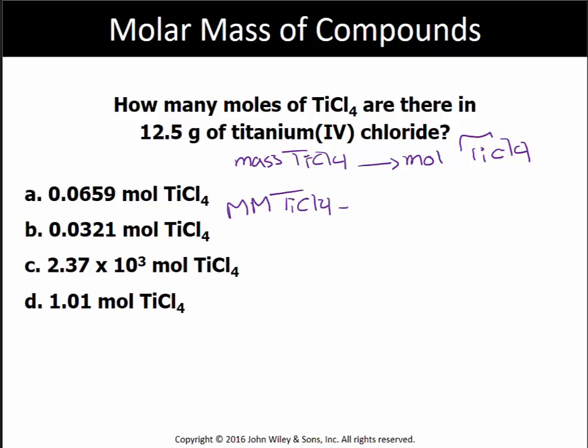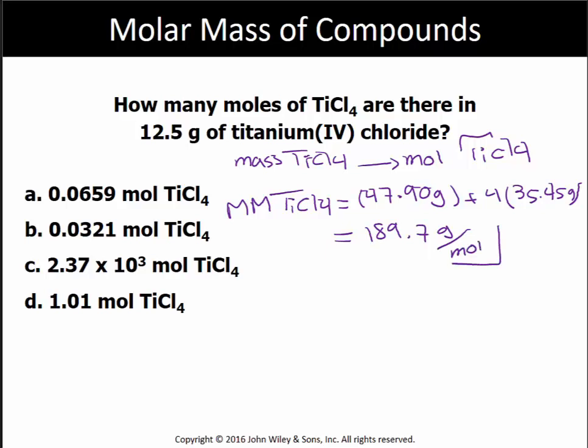So the molar mass of titanium 4 chloride is the mass of one titanium atom, which is 47.90 grams, plus 4 chlorine, each one is 35.45 grams. Therefore, the molar mass of titanium 4 chloride is 189.7 grams per mole.